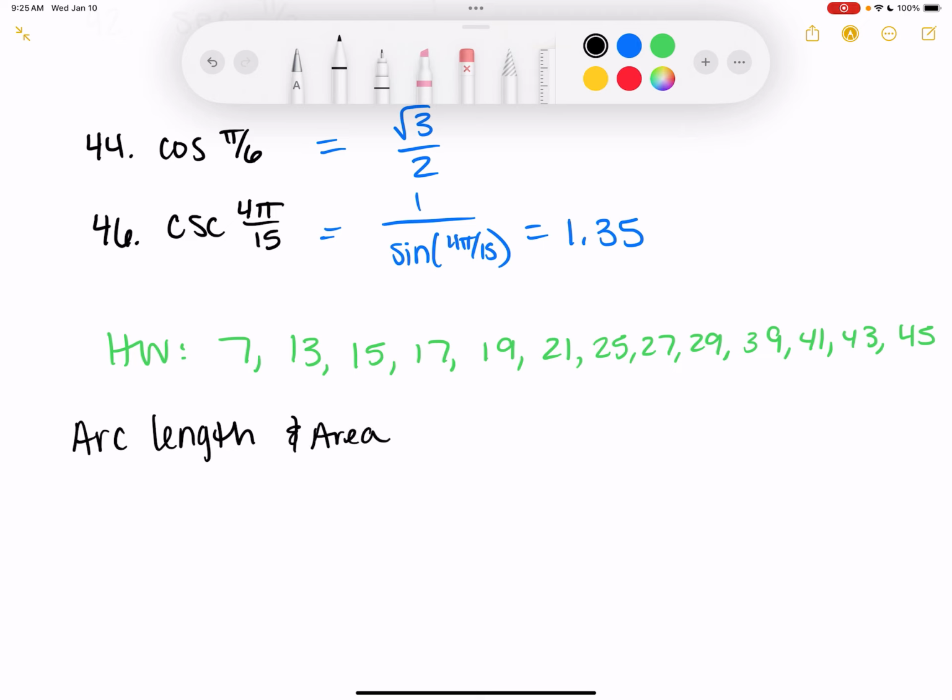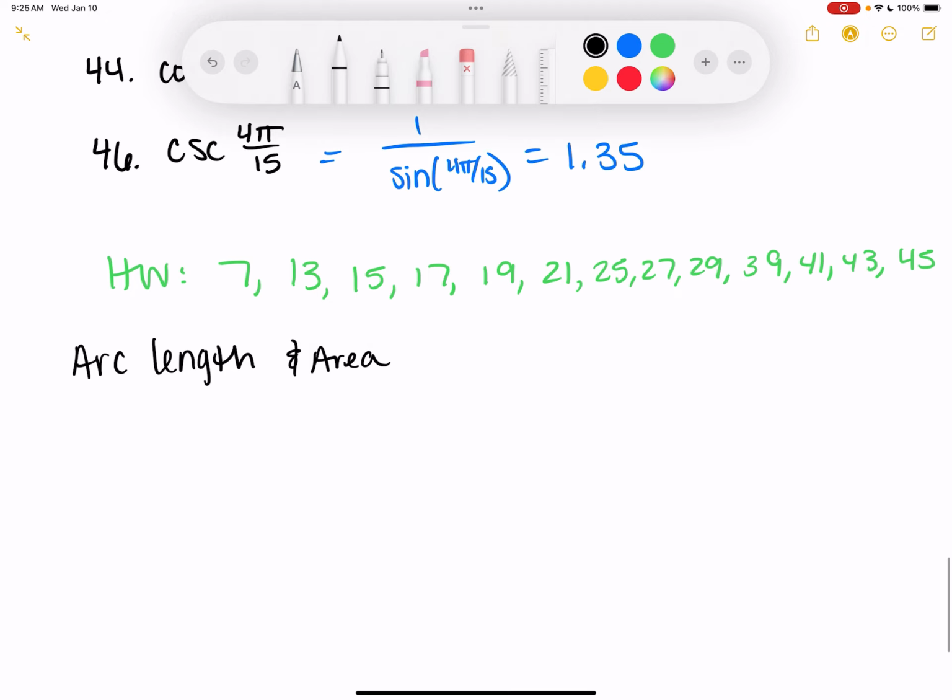And so these formulas should have been in your notes, but just so that we have them handy, the formula for arc length is S is equal to R theta. And for area, the formula is area is equal to 1/2 R squared theta.